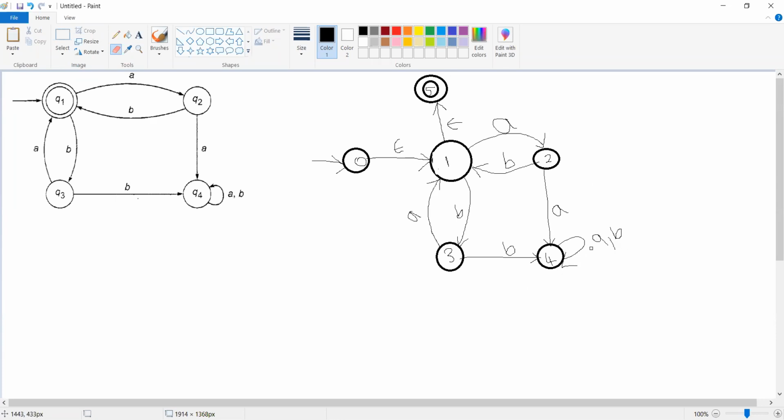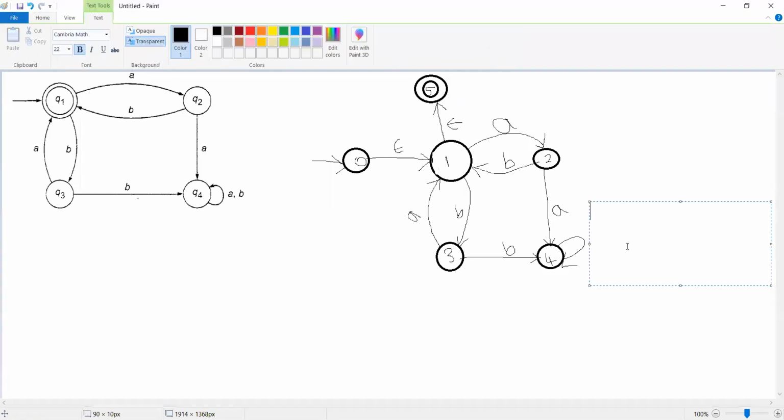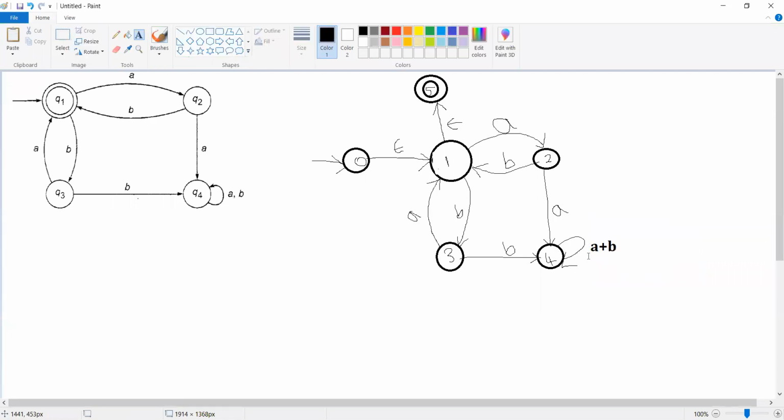Before removing state 4, what do I have to do first? I need to take care of the self loop. Do we have a self loop? Yes, we have A comma B. This A comma B term can be written as A plus B, the union.